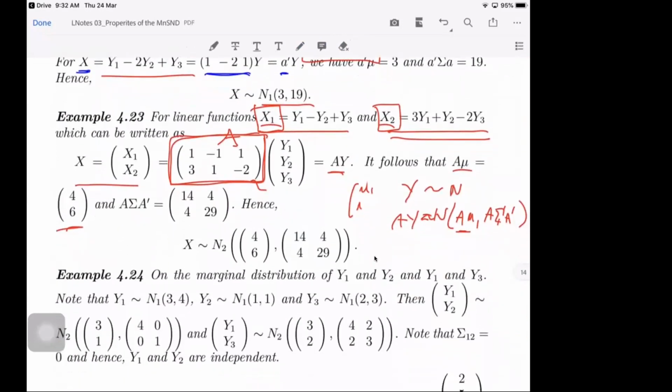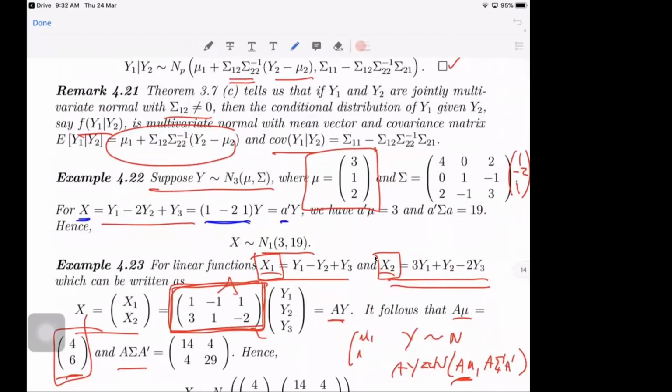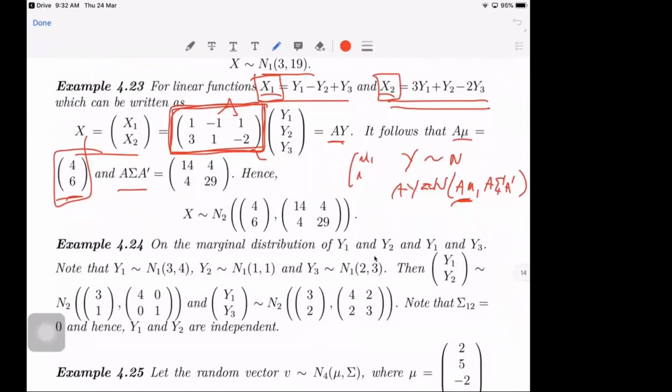So after getting A mu, you will get (4, 6). And A Sigma A prime, the multiplication with A and A prime and this given covariance matrix here, will give you these entries, which is 4. Here we see that since this is not equal to 0, then X1 and X2 are not independent.